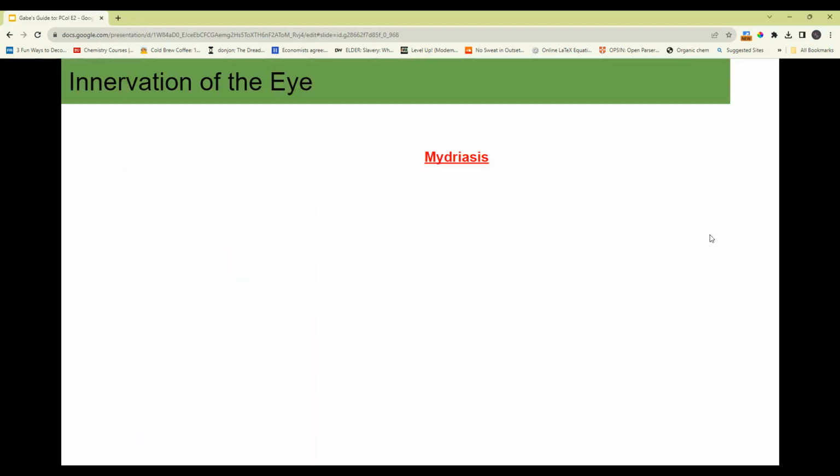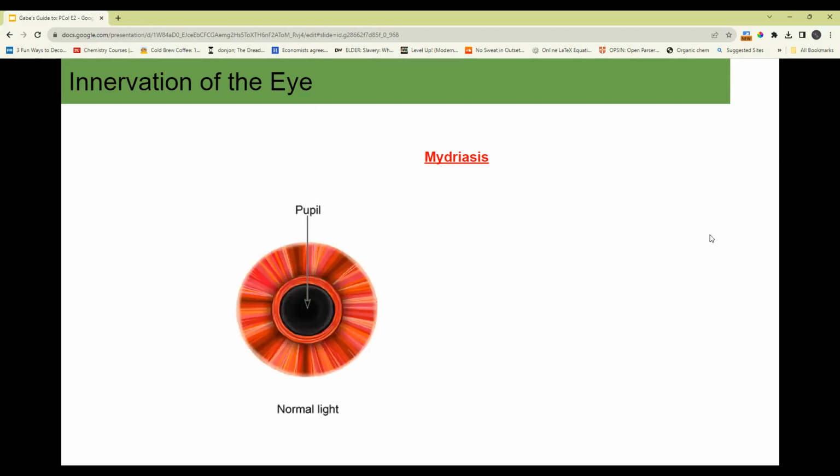All right. So let's talk about the eye. In the eye, we have the pupil, which is what allows light to enter into the back to the retina, which allows us to see and interpret it into vision.